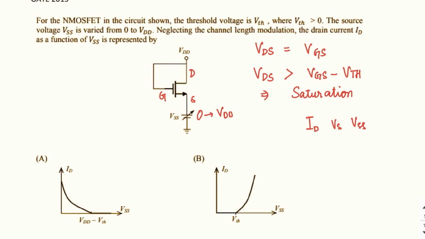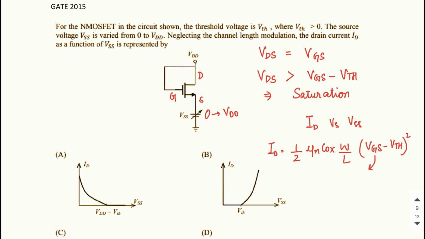Once you understand that the transistor is in the saturation mode, you have the drain current equation. The drain current equation is given as ID is equal to half mu n Cox W by L times (VGS minus VTH) whole square. Now, in this question, we need to identify the value of VGS.